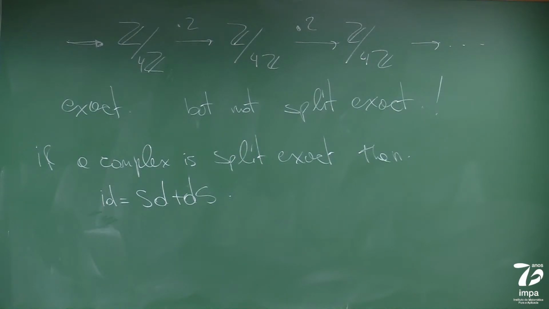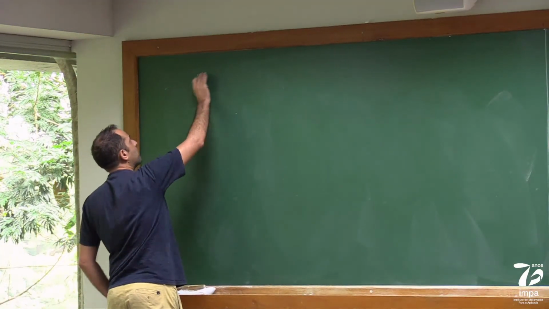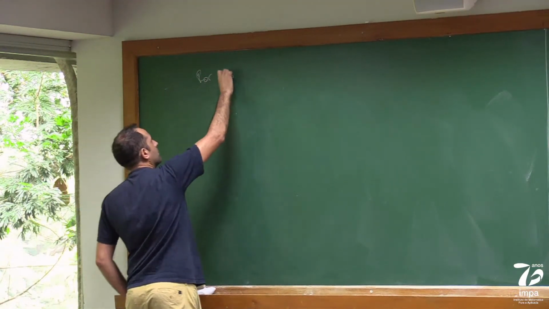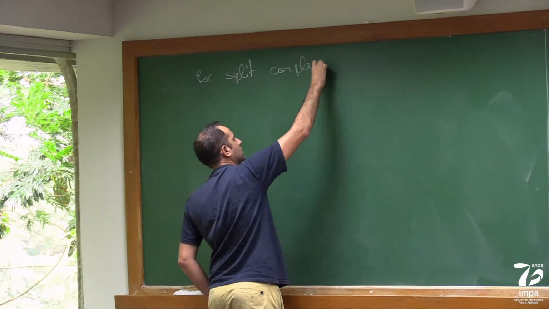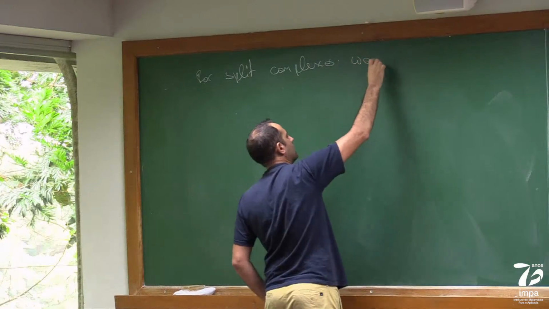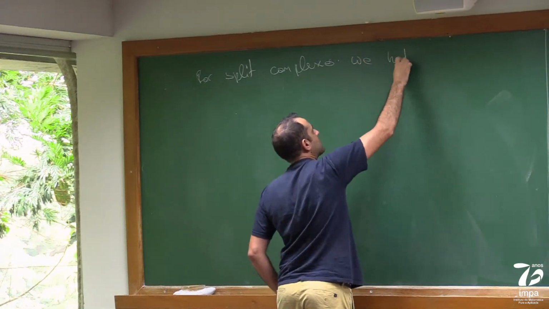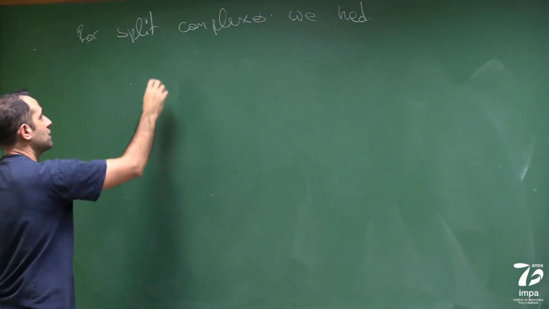When we had that situation, we had an explicit splitting of the homology. For split complexes, we had exactly what we started today's lecture and we finished last lecture.